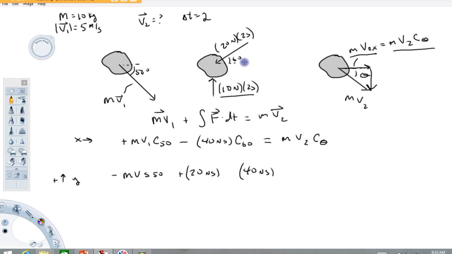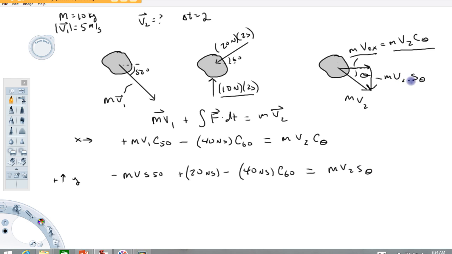I'm going to multiply that by cosine 60 to give the y component. And you notice that the y component is down, so minus sign. All right, equals. Now looking over here, the y component of this momentum vector is equal to mv2 sine theta. So I'm going to go ahead and put mv2 sine theta.